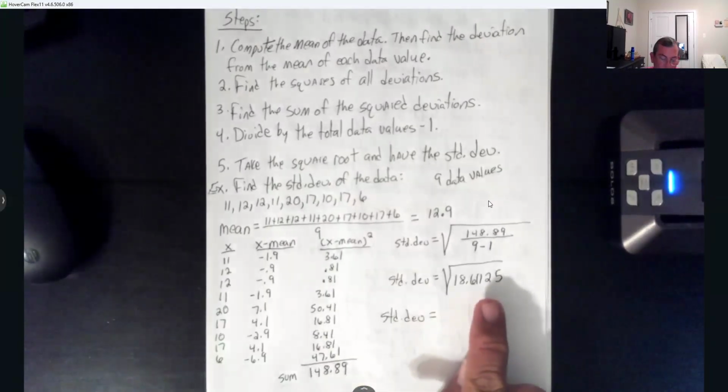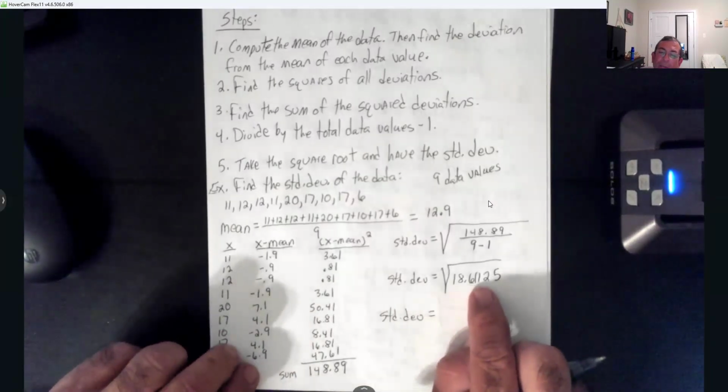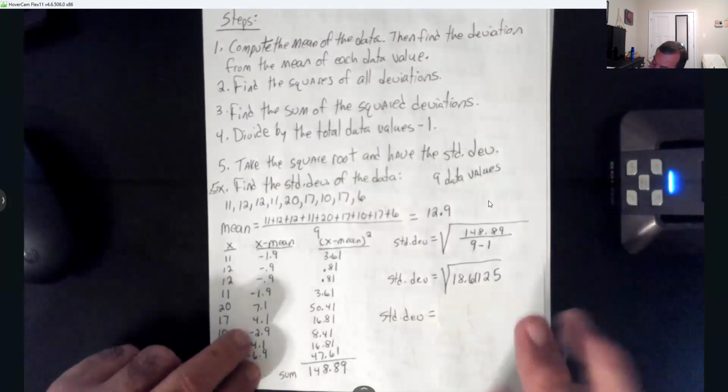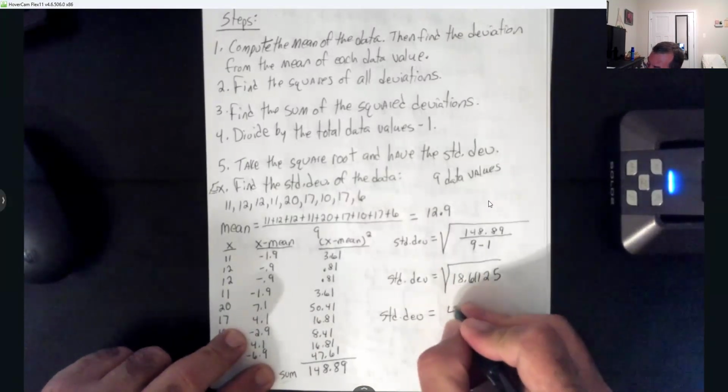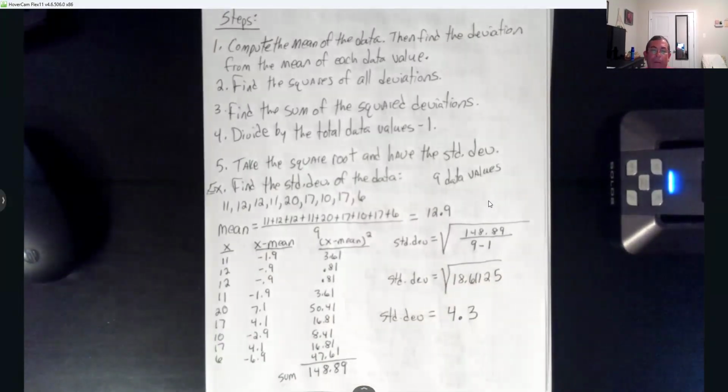Then I took the square root of that number. So if you take the square root of 18.61125, you'll end up with a standard deviation of 4.3.